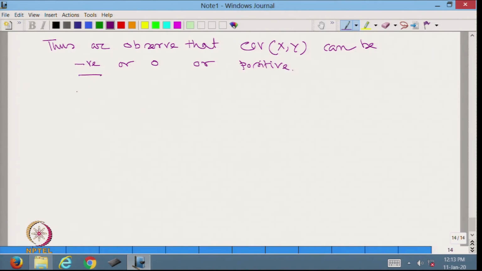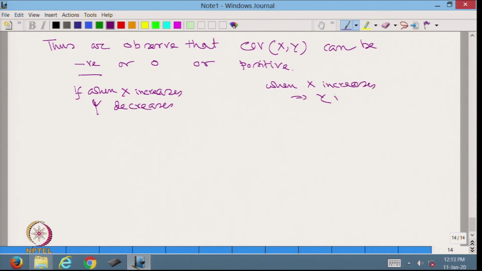It is going to be negative when x increases but y decreases. It is positive when x increases implies y increases, and it is going to be 0 when they are independent.